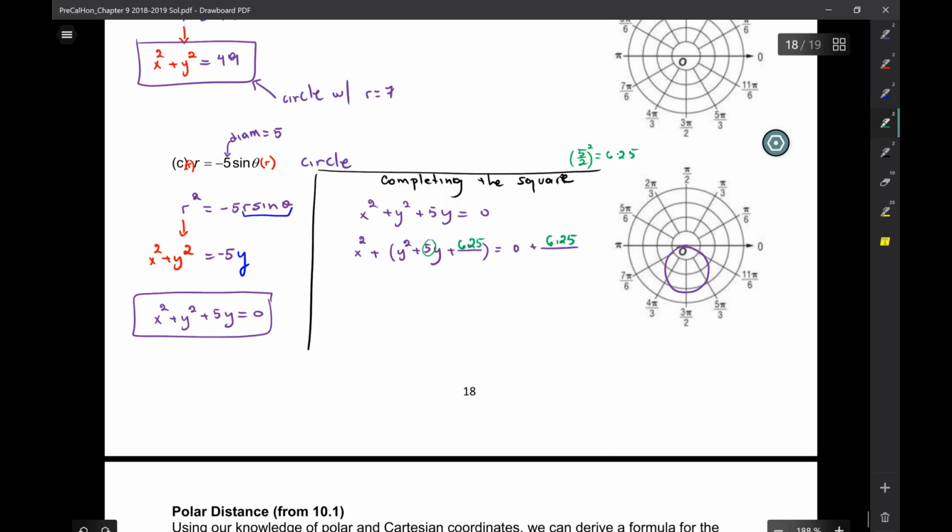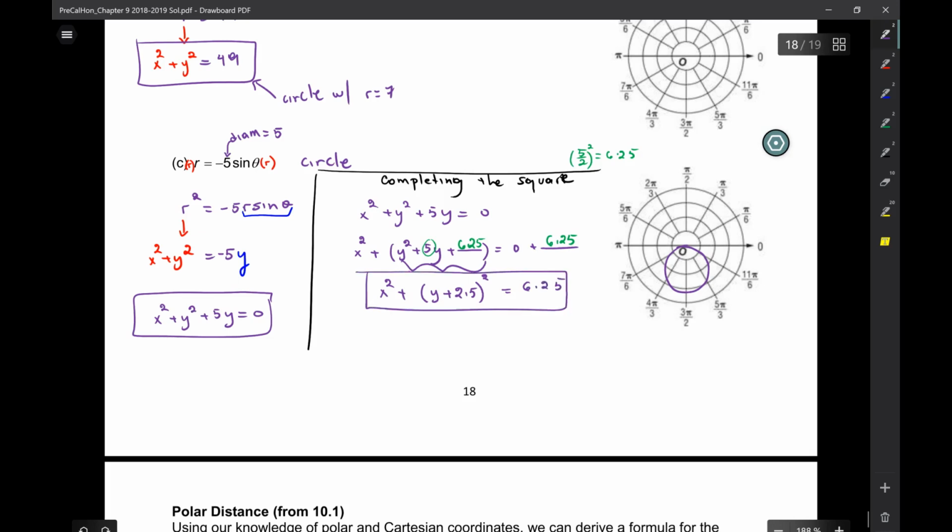And the whole reason why we do this is because we want to complete a square, which we can factor in squared form. And let's just factor that now. This is x squared plus, when I factor this, I get y plus 2.5 squared equals 6.25.